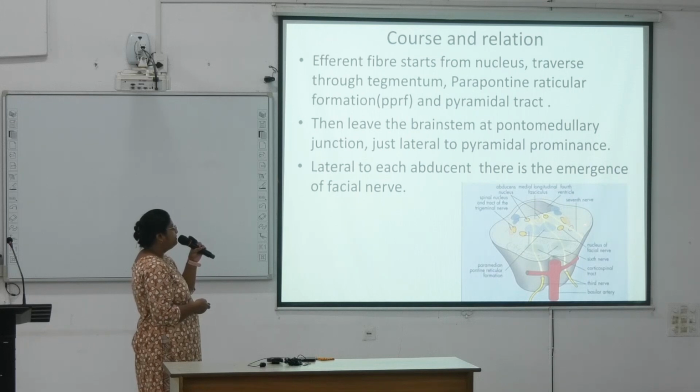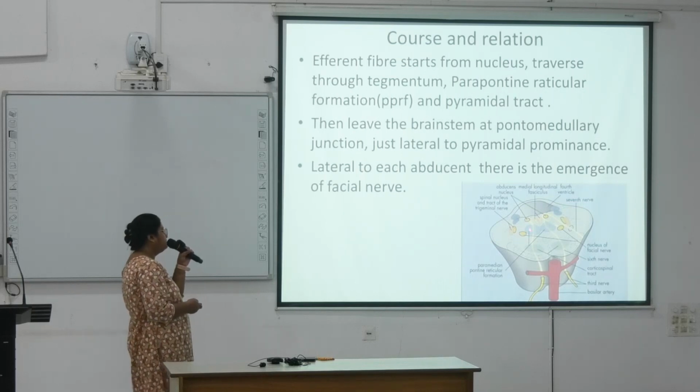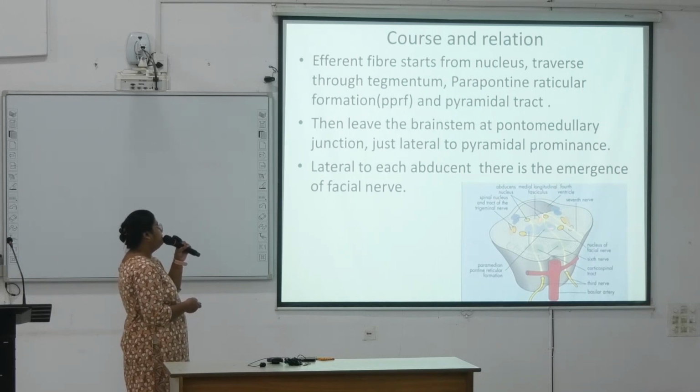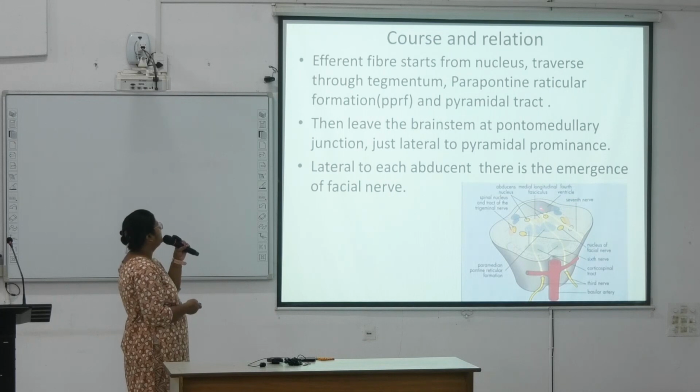The seventh nerve winds around the sixth nerve nucleus at the floor of this facial colliculus. From here, it passes through the paramedian pontine reticular formation, PPRF, then through the tegmentum and comes out through the ventral aspect.